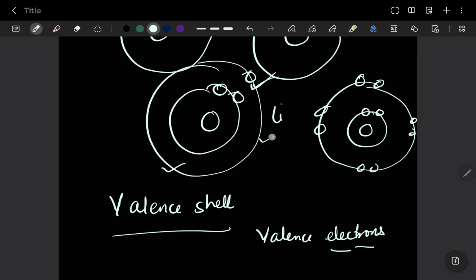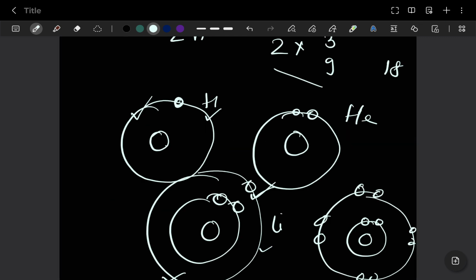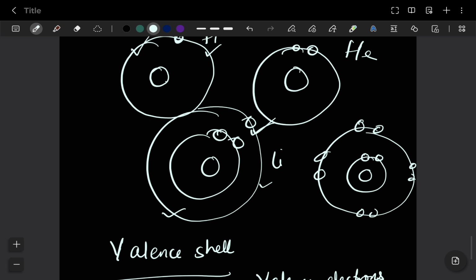Clear? And the shell is the valence shell. Now the number of electrons in the outermost shell will decide how the atom forms bonds with other atoms. Actually these are the electrons that are involved in forming the bonds, and these are the electrons of the outermost shell, that is the valence shell.